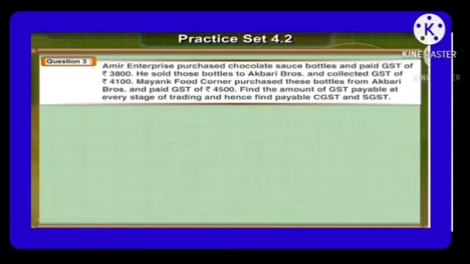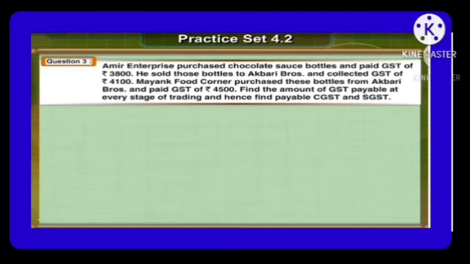Question number 3, 4.2. Amir Enterprise purchased chocolate sauce bottles and paid GST of rupees 3,800. He sold those bottles to Akbari Bros and collected GST of rupees 4,100.